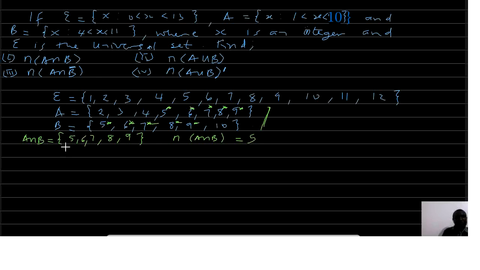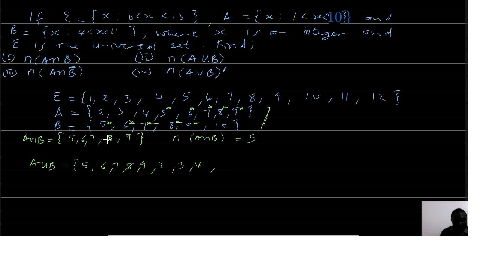We're moving to the next one, A union B. We have to concentrate on the union of the two. So let's write A union B. The first thing you write are the shared elements. Next, we write those elements which are in A but not in B, we have 2, 3, 4.